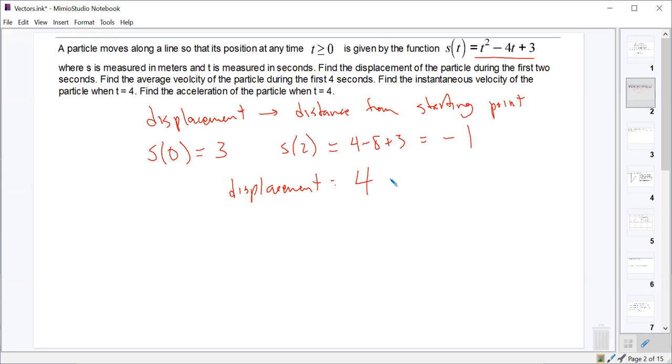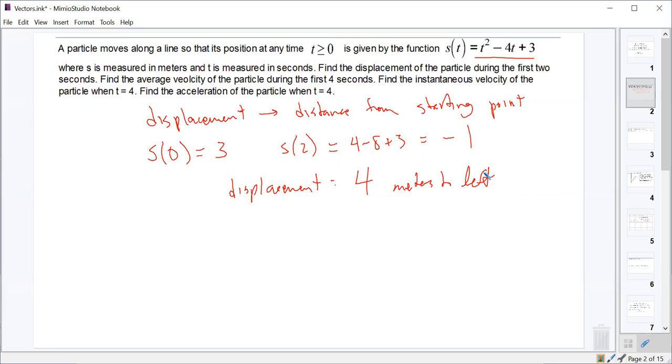It's 4. Right, it's displaced 4 units from where it started. 4, what was it, meters? 4 meters, and we could say to the left if we wanted to be even more specific. Displacement is 4 meters to the left.